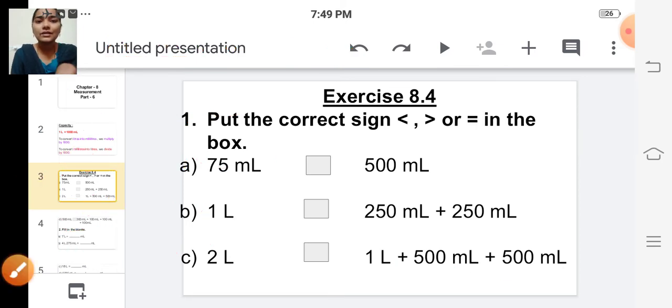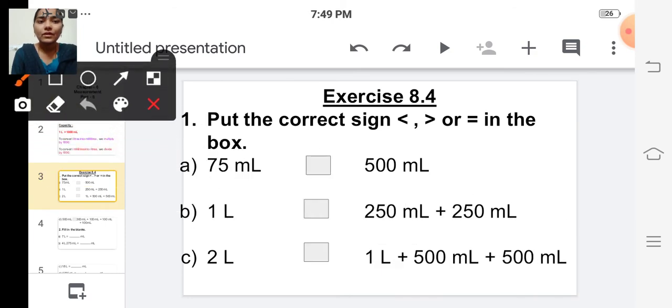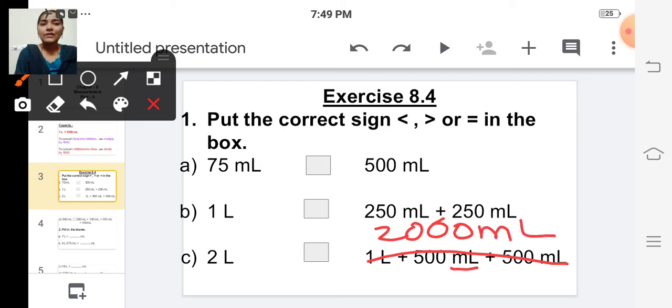So instead of 1 liter plus 500 milliliter plus 500 milliliter, we can write 2000 milliliter, right? So we have simplified.